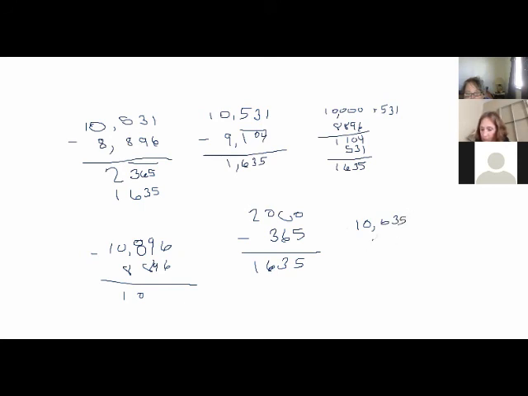And then we add that here, it'll be 9,000. Then we have 1, 6, 3, 5. And that was just adding plus 104. But either way, we've got the 104 here and the 104 there. Depends on when you want to add it.